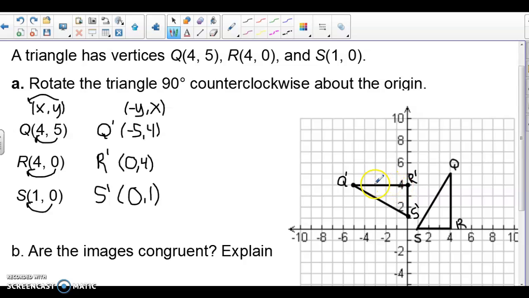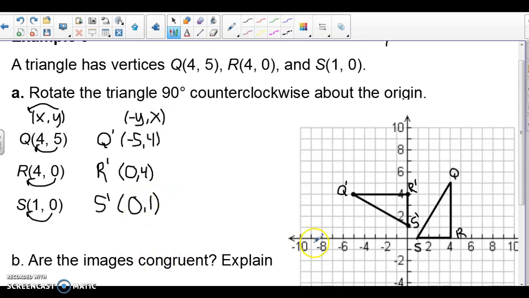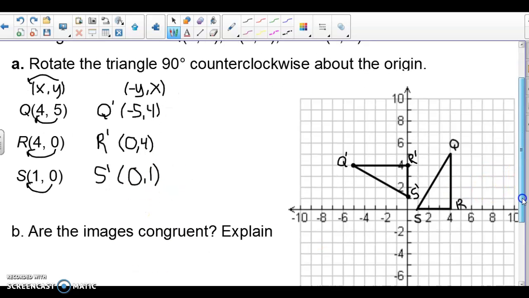This is 1, 2, 3, 4, 5, 1, 2, 3, 4, 5. So they're the same exact shape. We did the Pythagorean theorem, so you know that makes this side length the same if A and B are the same. So the triangles are congruent, and the explanation is because they're the same size and shape.